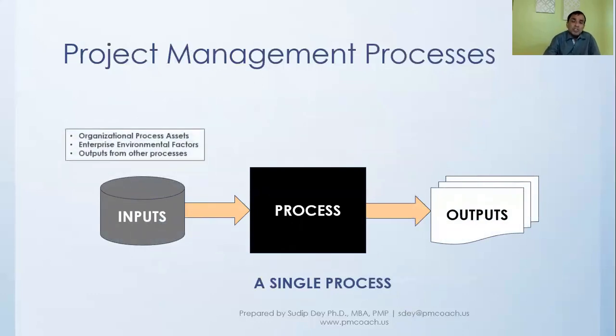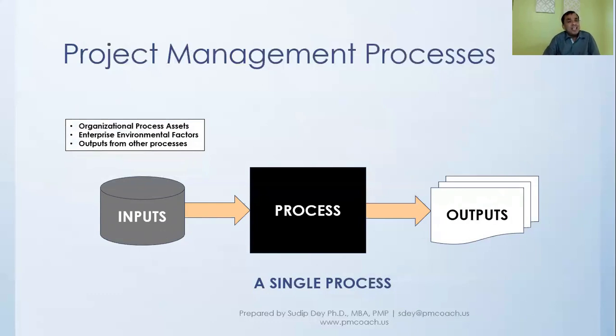Now, what are the inputs? Inputs are things like organization processes, environmental factors, and outputs from other processes. We'll look at that in more detail. What are organization processes? What are the environmental factors? And many other processes will provide output which will go in as input to this.